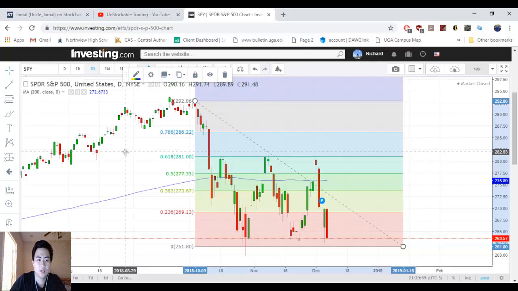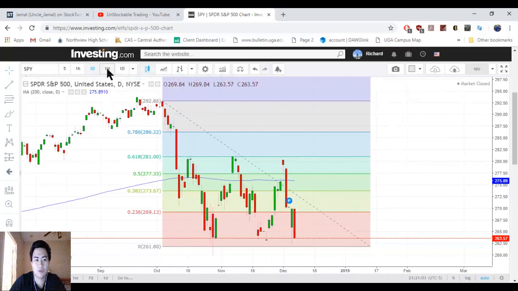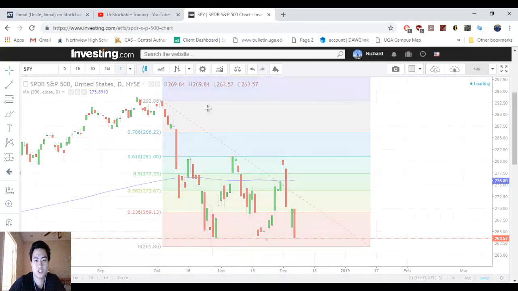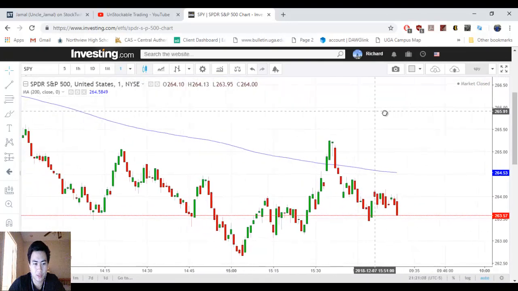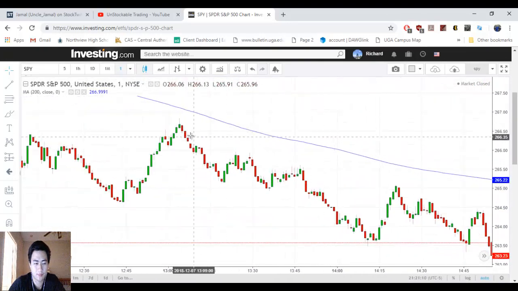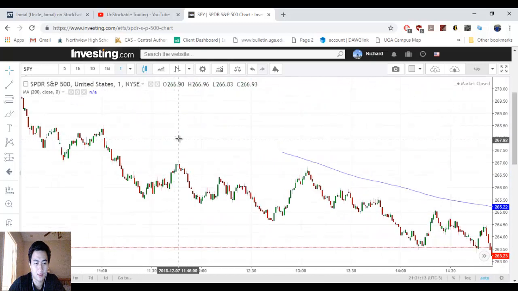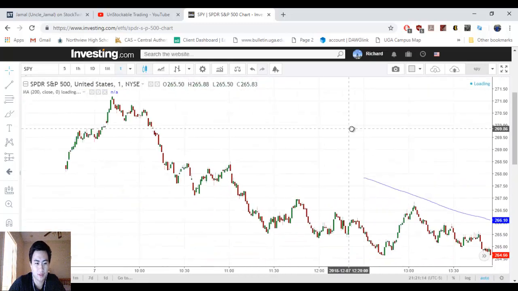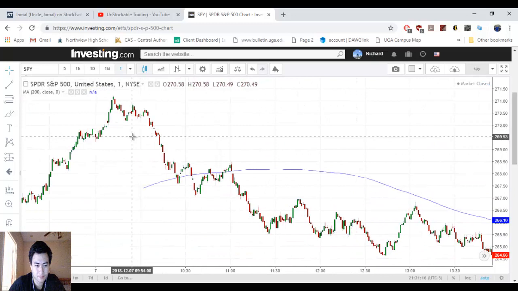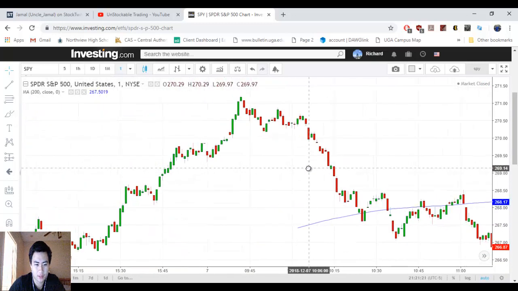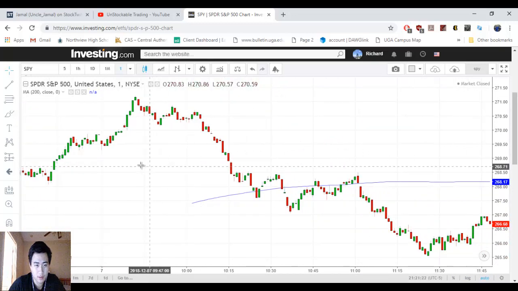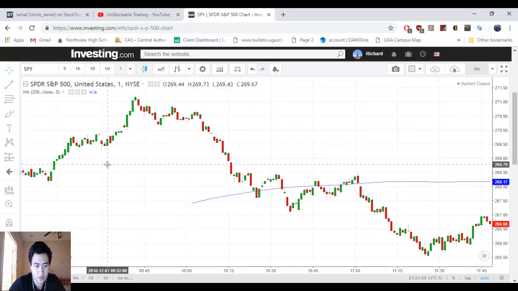Okay, so as a day trader, we should take a look at the 1 minute chart for today. Today is December 7th. Let's look at 9:30 a.m. to 10:30 a.m. 9:30 a.m. starts here, and 10:30 ends here.